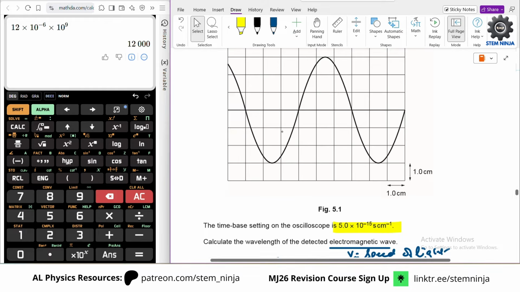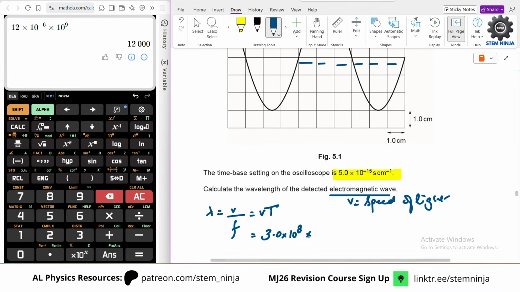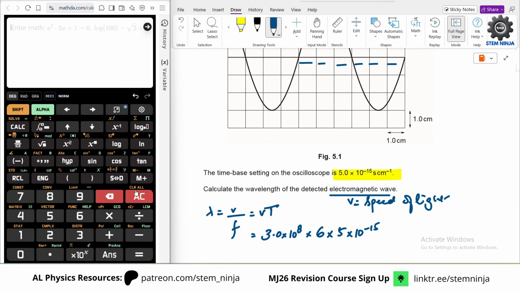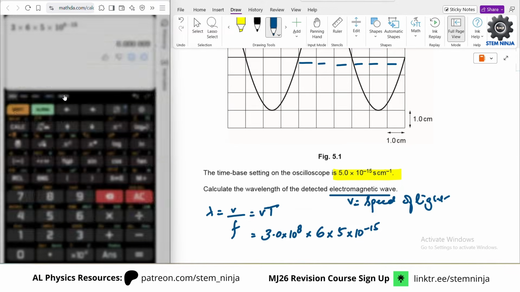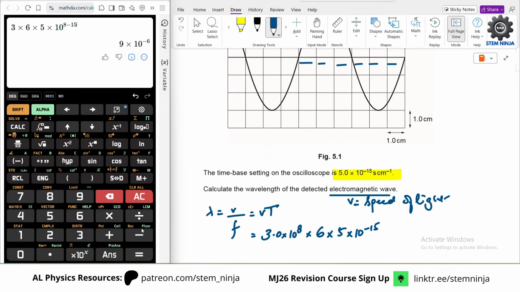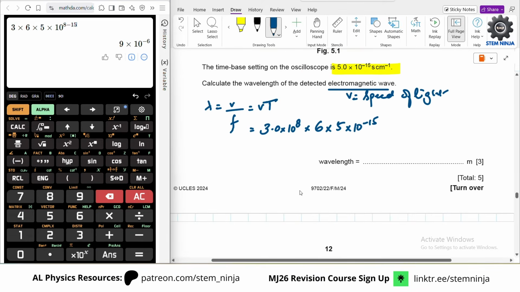So time period, it's 1, 2, 3, 4, 5, 6, that means 6 centimeters, times 5 times 10 raised to the power minus 15. So 3 times 6 times 5 times 10 raised to the power 8 minus 15. Let's convert it into standard form: 9 times 10 raised to the power minus 6.